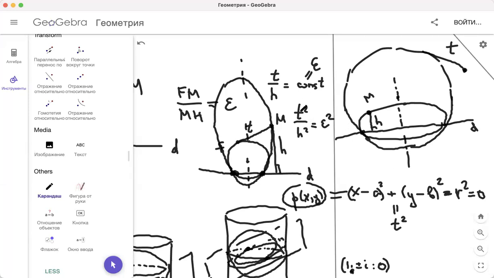But here instead of t squared, because point M lies inside the circle, you need to consider the value of this function, yes, the power of point M with respect to this circle. So you consider the ratio of the power of this point with respect to the circle F, divided by h squared.